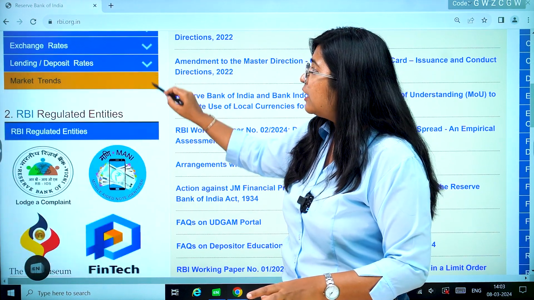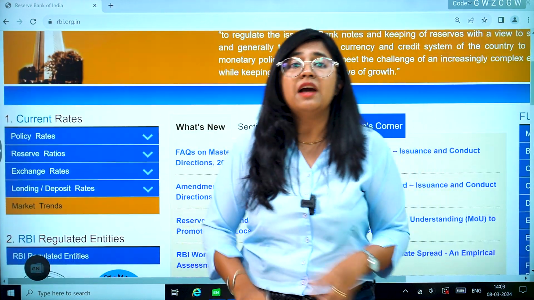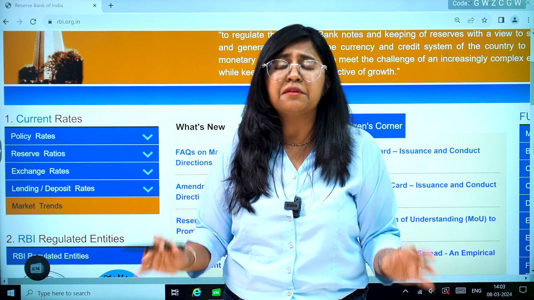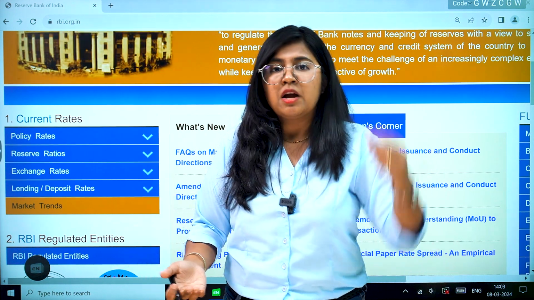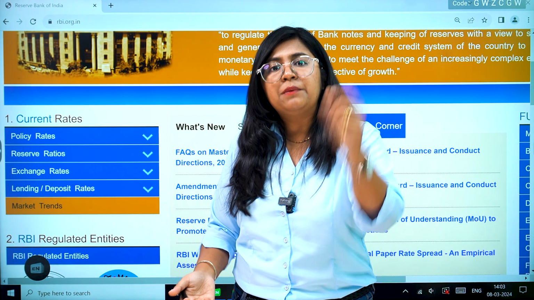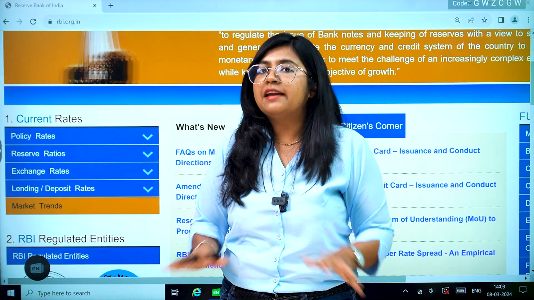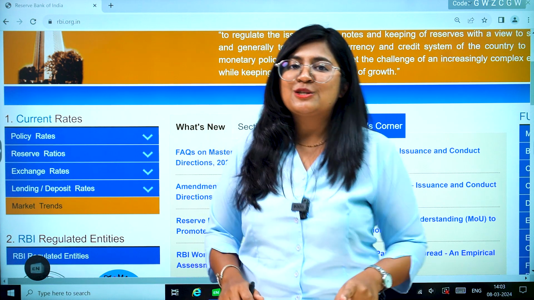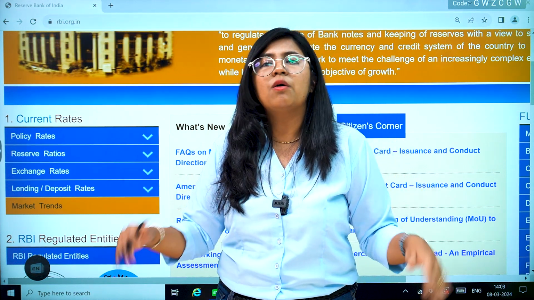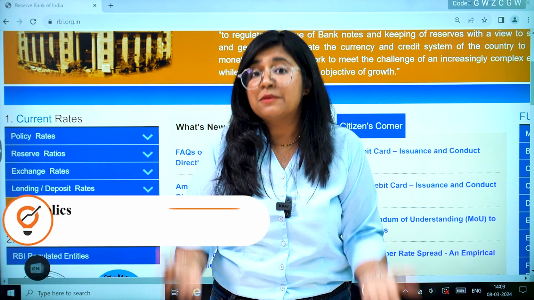The reason why I'm telling you about it is because you need to be acquainted with the whole pattern that RBI presents. The examination that you're appearing for, if you do not know about that organization, then it is very, very bad. So, which is why you need to know fully what the organization actually presents.